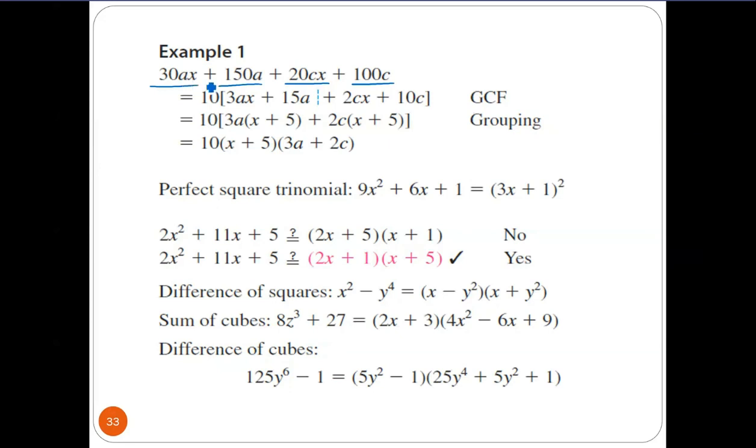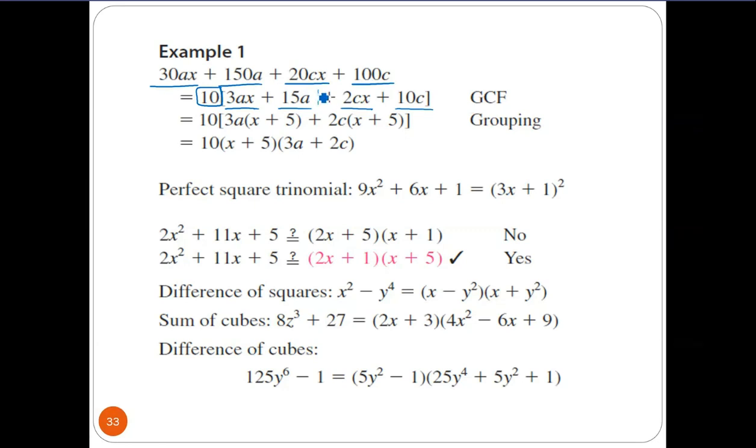We cannot take a from all terms, we cannot take x from all terms, and we cannot take c from all terms, so here we only take a number. We have 30, 150, 20, 100. So 10 is the common factor. Now 30 over 10, we have 3ax, 150 over 10 is 15, 20 over 10 is 2, 100 over 10 is 10.